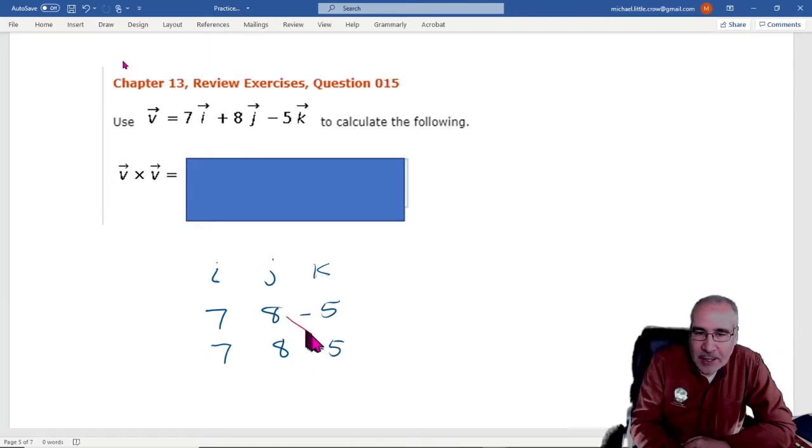So that's 8 times negative 5 minus 8 times negative 5.